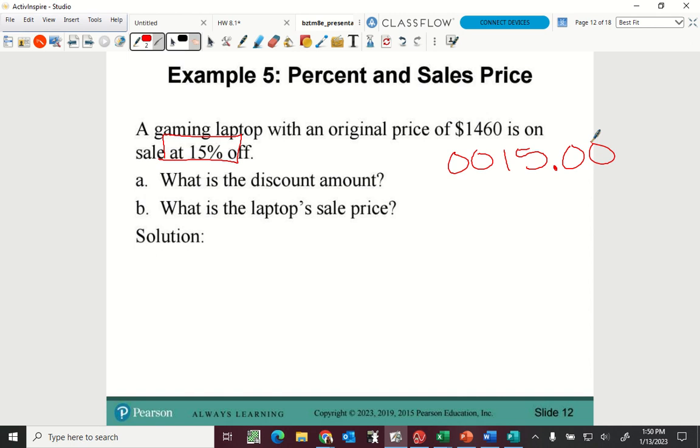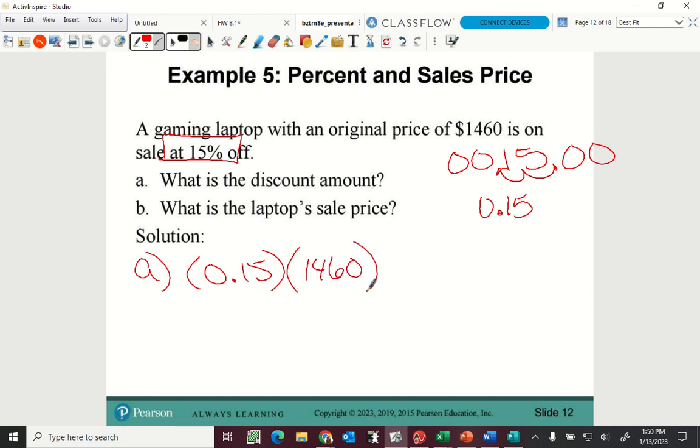To the left. So I get 0.15. Did you write that down? So for part A, I'm going to take 0.15 and multiply that by 1460.